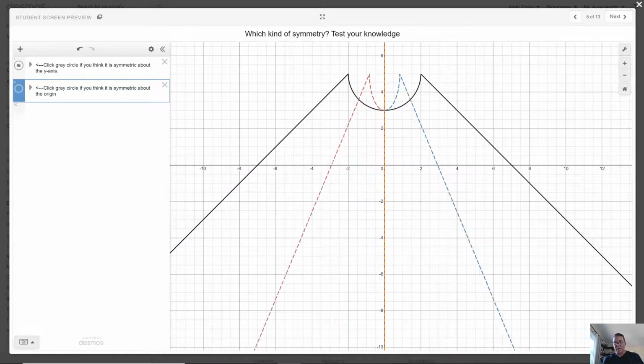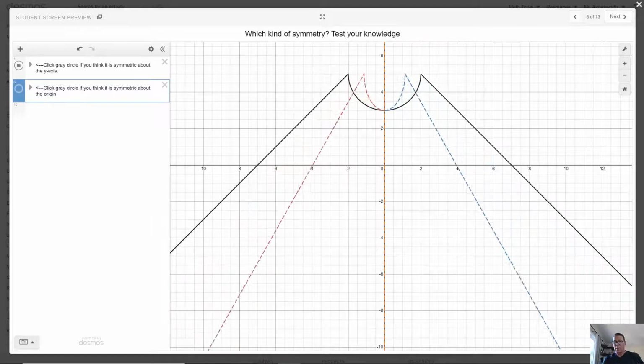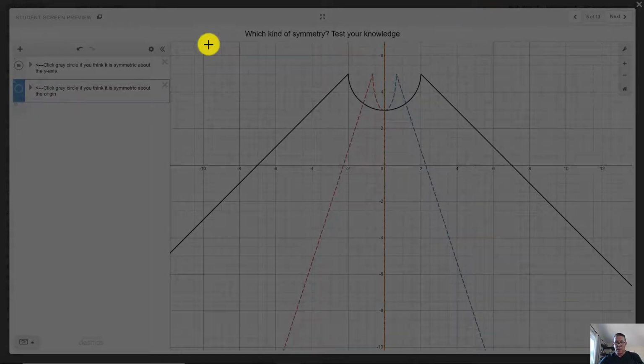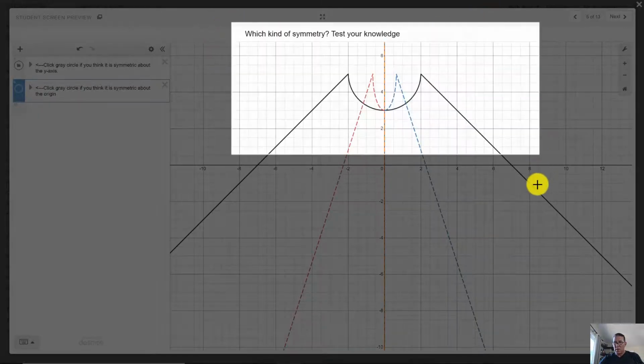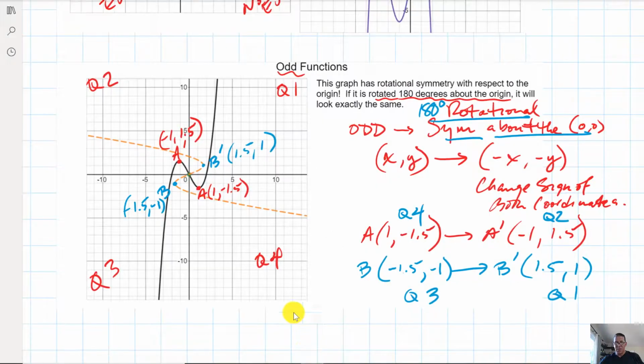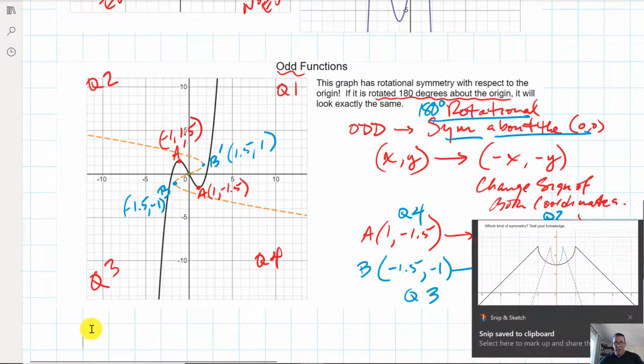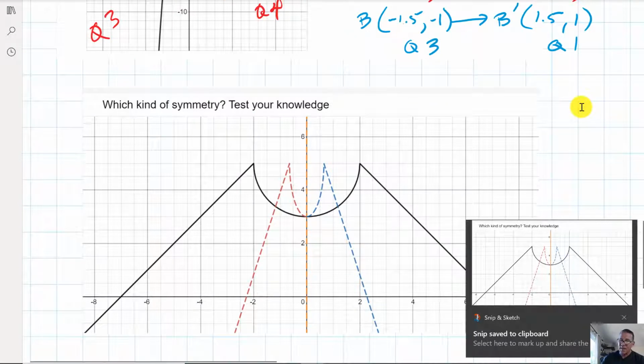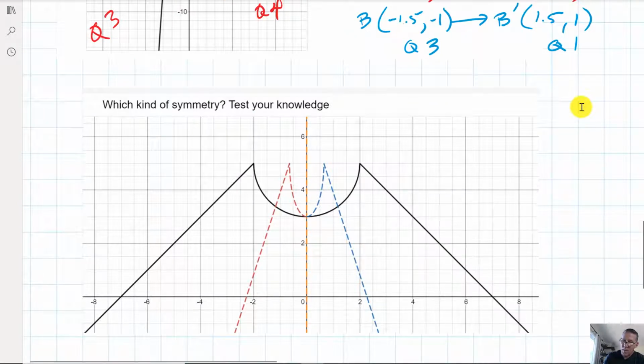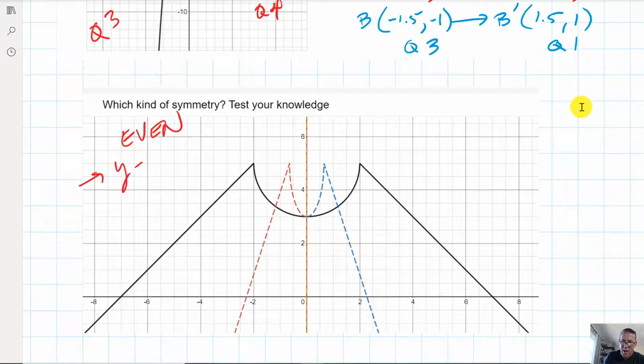So let's screenshot this. Let me just bring this in so you can see it and we can talk about it. So what was I saying? This one's even. Why? Because it has y-axis symmetry.